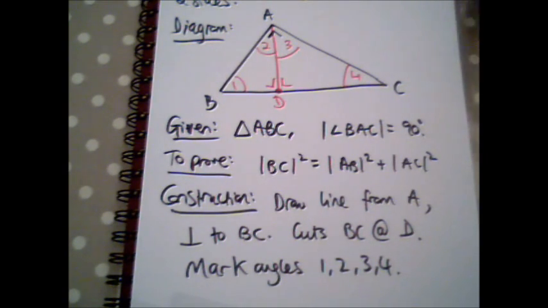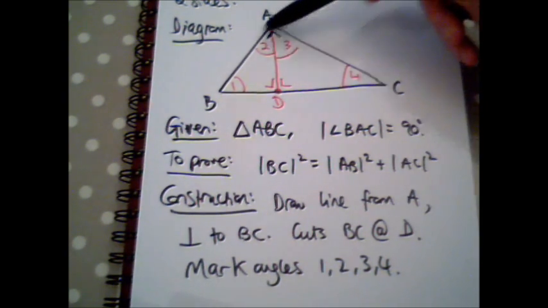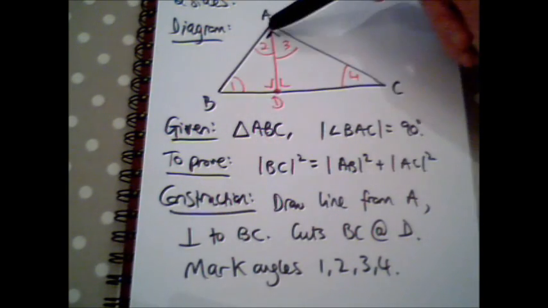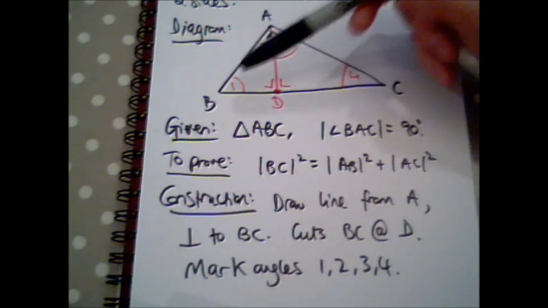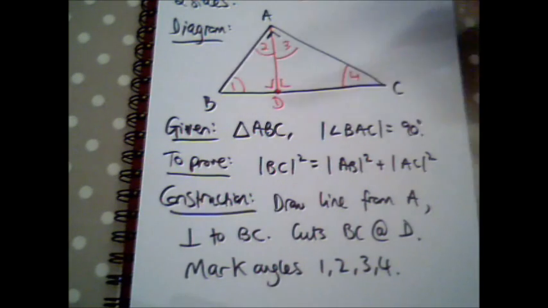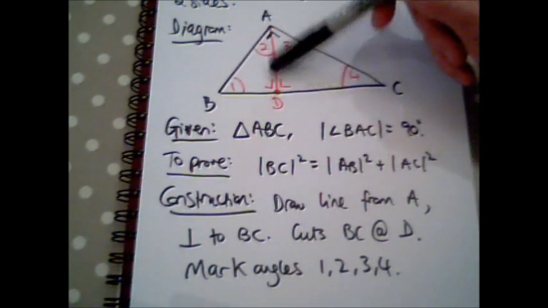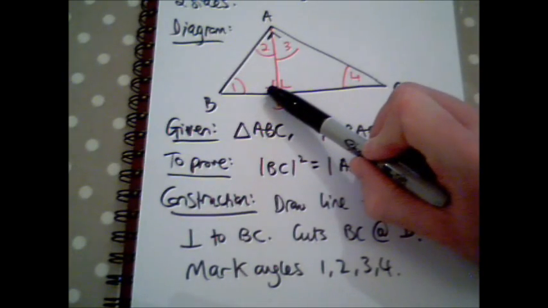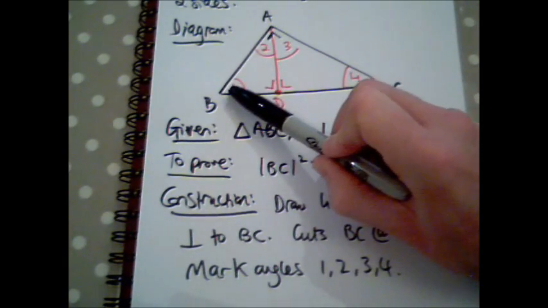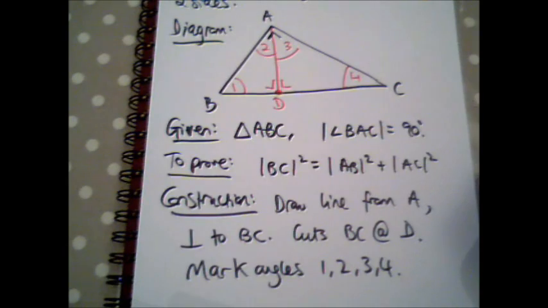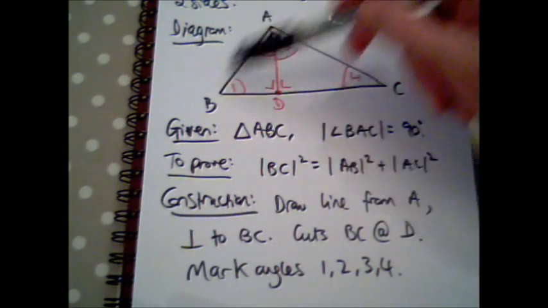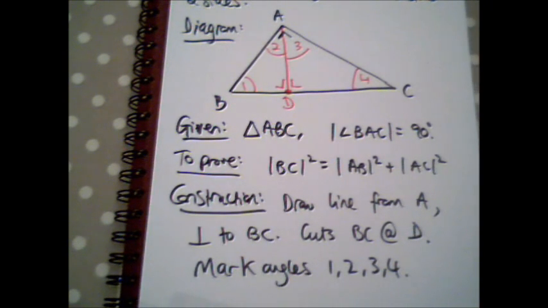The reason they're going to have the same angles is that if you look at ABC, the big triangle, it's got a right angle, it's got the angle 1, and then it's got another angle. And this triangle ABD has a right angle here, it has the angle 1, and it has another angle. So that means ABD and ABC must be similar. They must have the 3 same angles. You can't have 2 the same and 1 different.